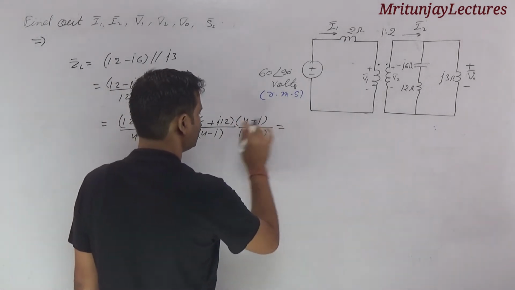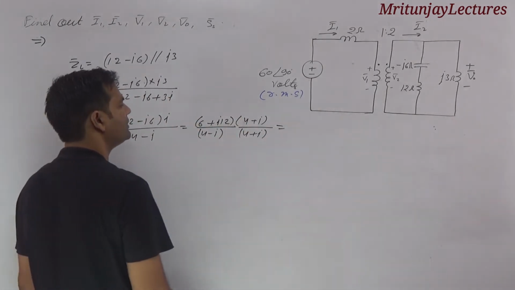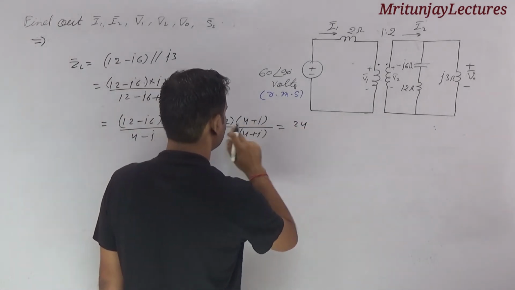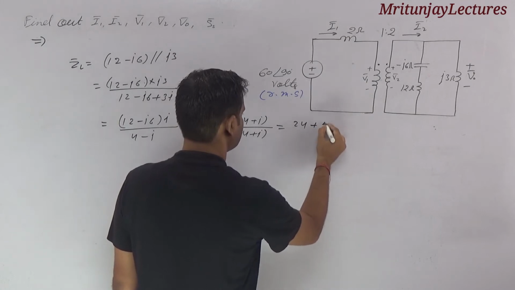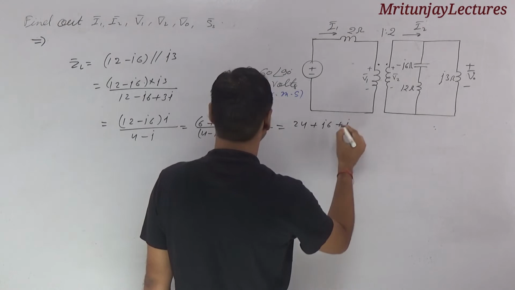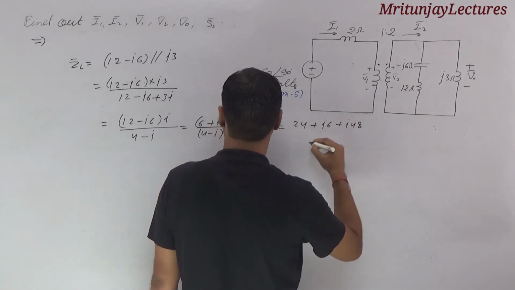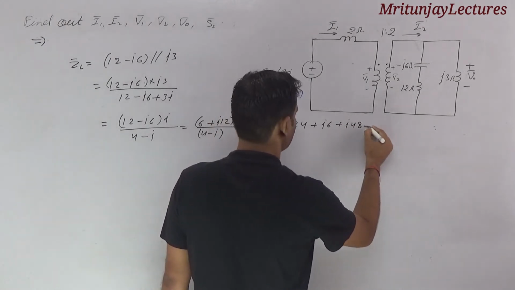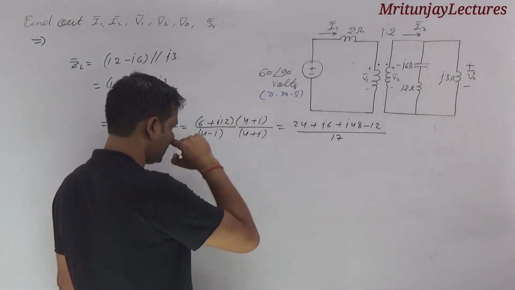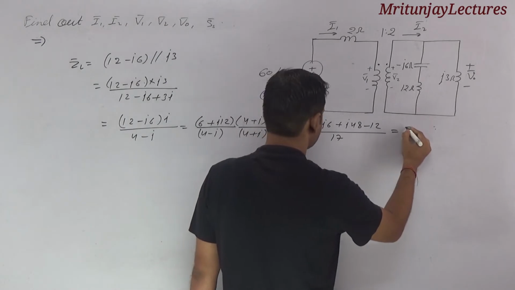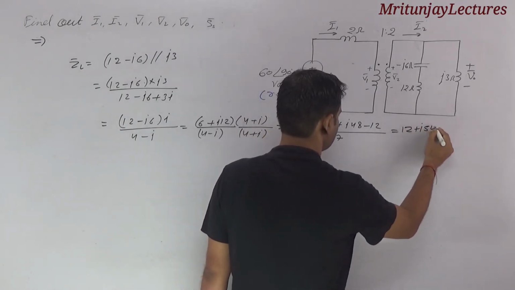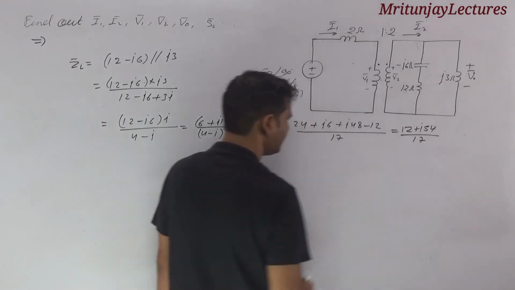That is 24 into 24, plus j6, 48 and minus 12, divided by 17, and this one is also written as 12 plus j54 divided by 17. Clear?